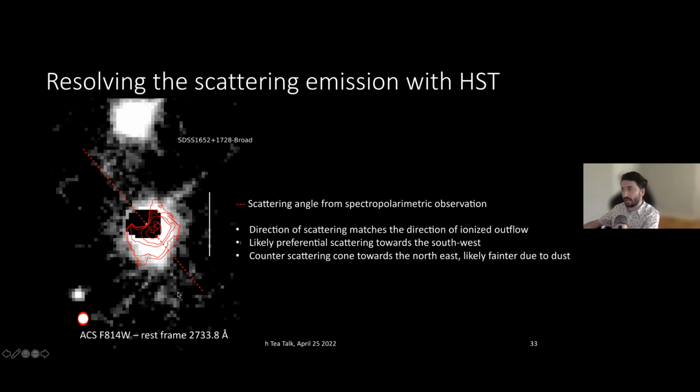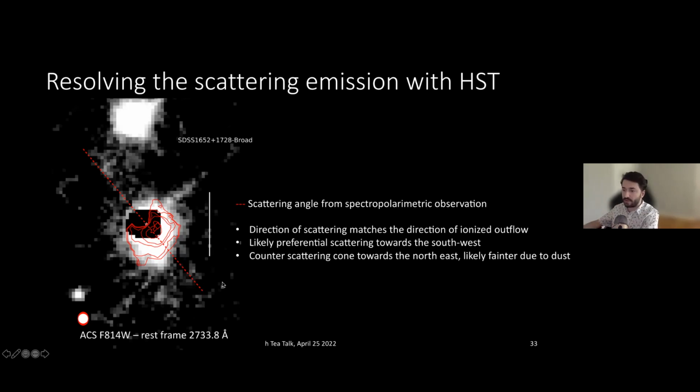And this is likely light that has been scattered off the dust grains, probably close to the quasar actually, and basically diffuse in the same direction where the outflow is happening. So the punchline here is both the photons and the gas are diffusing in the same direction in the source.